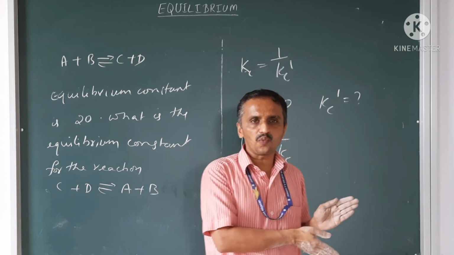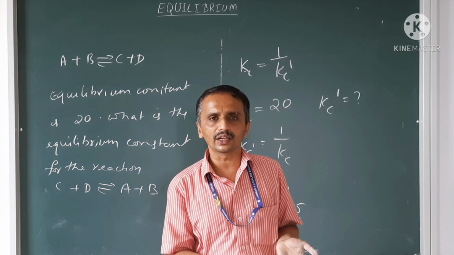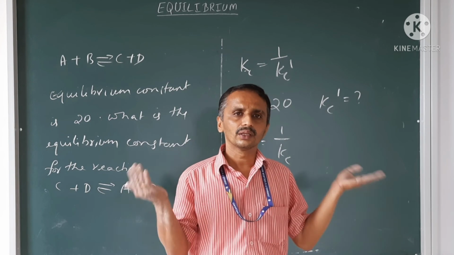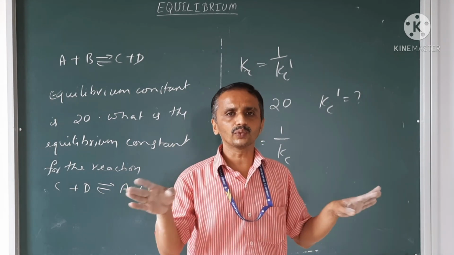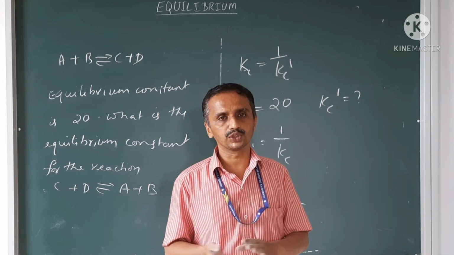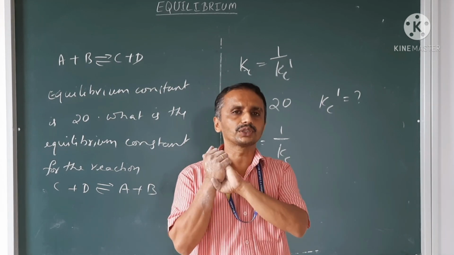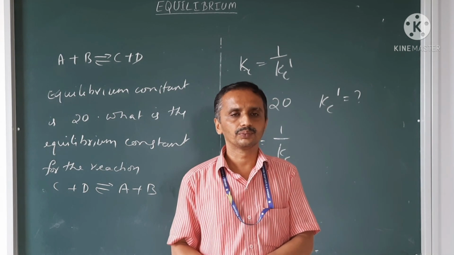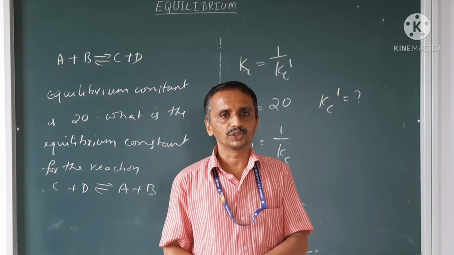If the number of moles on the reactant and the product side are equal, then they may not have the unit, but when the number of moles is different, definitely the equilibrium constant will have units also. Remember this.